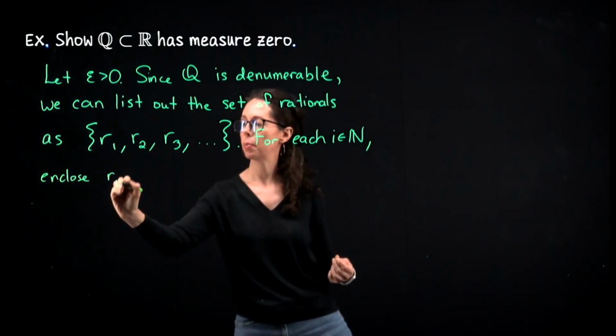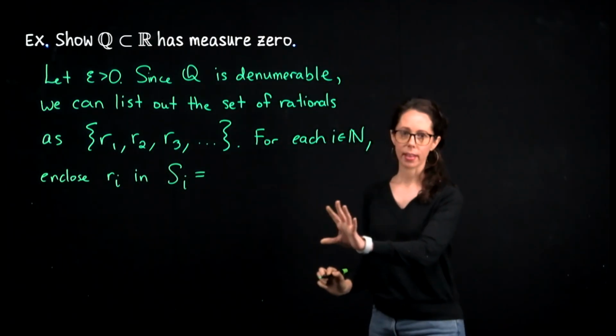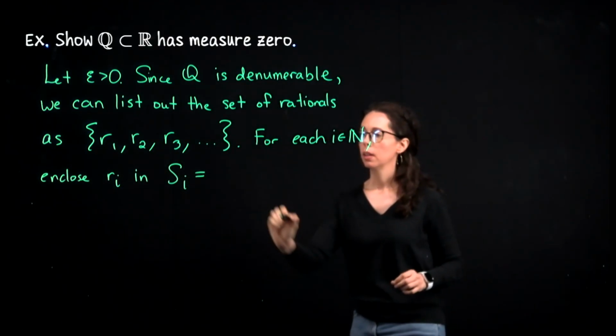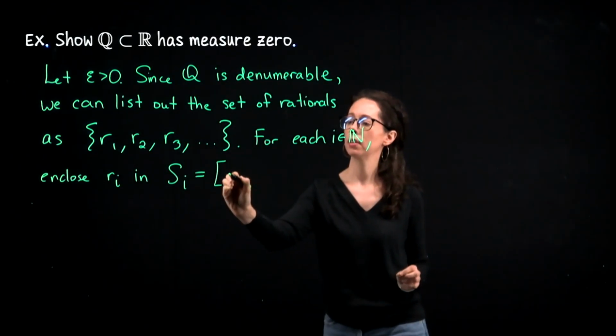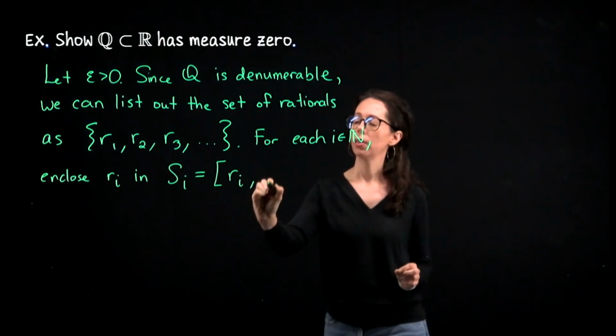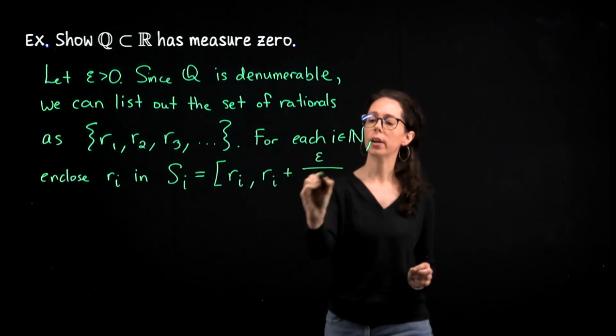Enclose r sub i in S sub i, that's the name of the subinterval. And it's going to look like r sub i on the left through r sub i plus epsilon over 2 to the i plus 1.